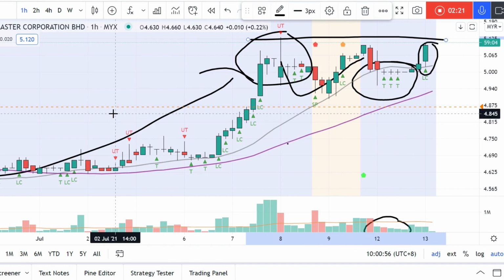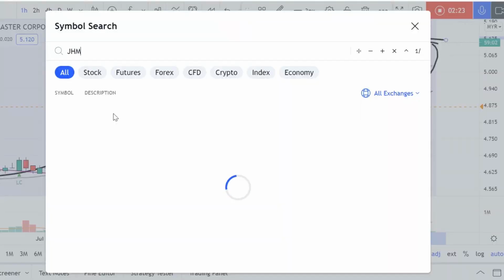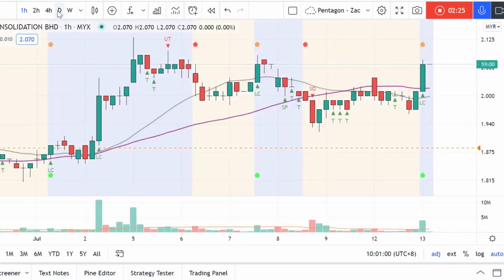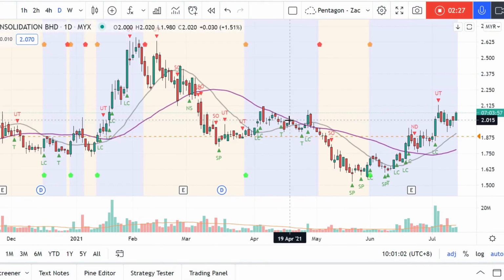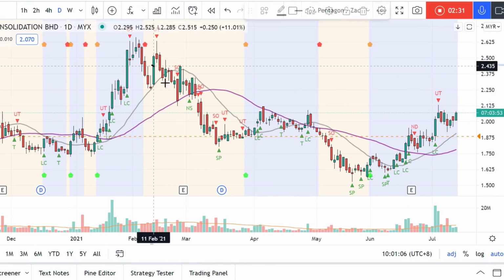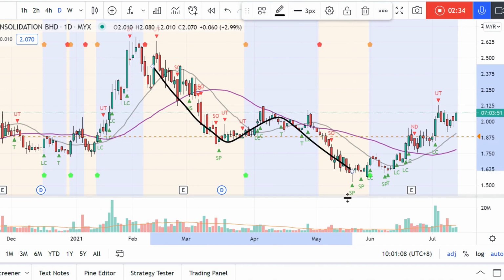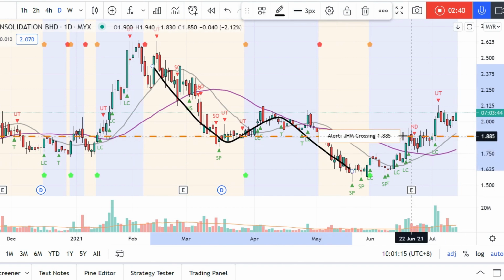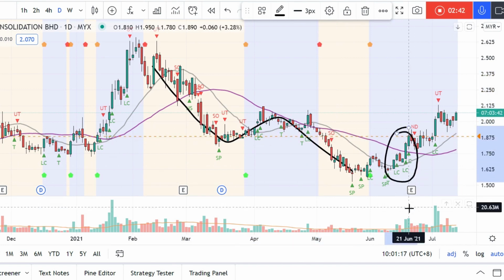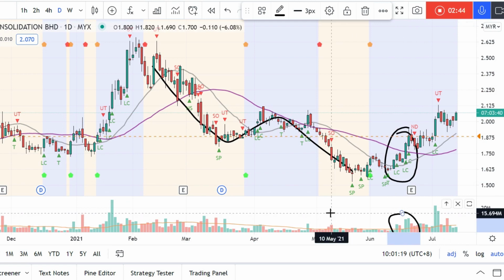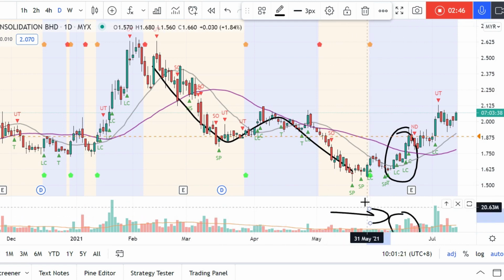So let's look into the second one. I've got JHM. Let's study the daily chart first. Unlike Penta, the daily chart doesn't show a high volume down bar, so it doesn't show any selling climax in this case. But a few things are very obvious in JHM, which is when they crossed with high volumes. This is the high volume area.